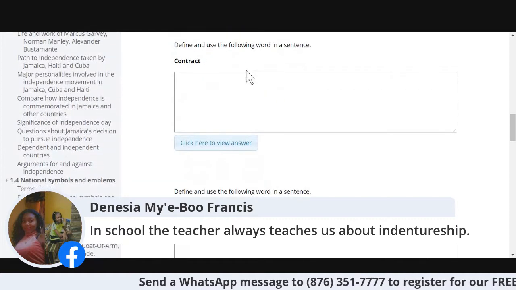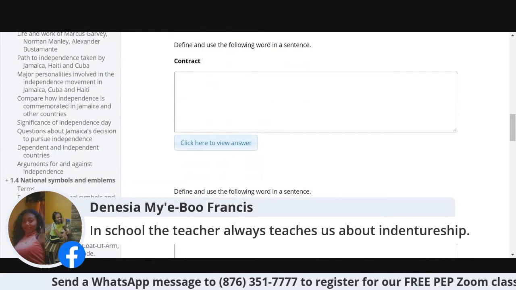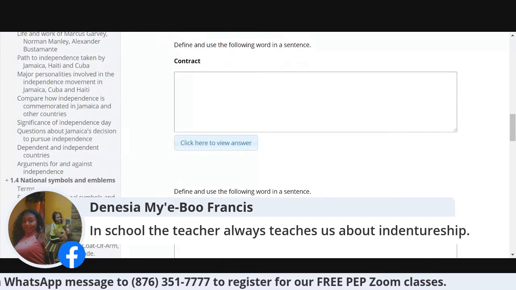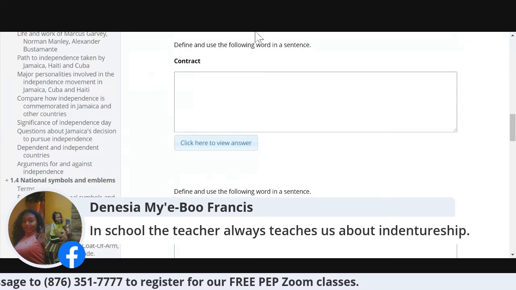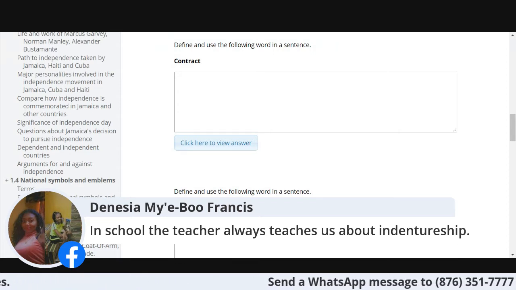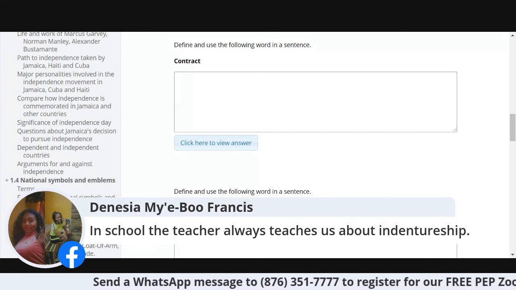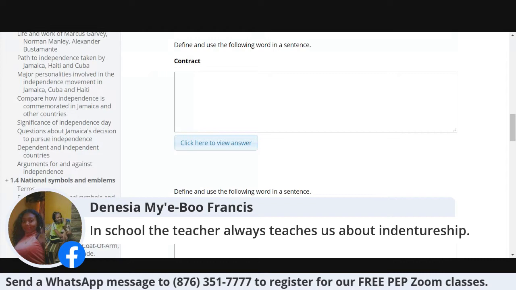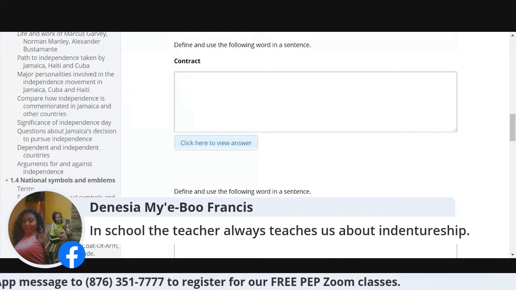Let's look at contract. We hear that term bandied about all the time. Let's see what you have for contract. I'm not seeing anything for contract, guys.